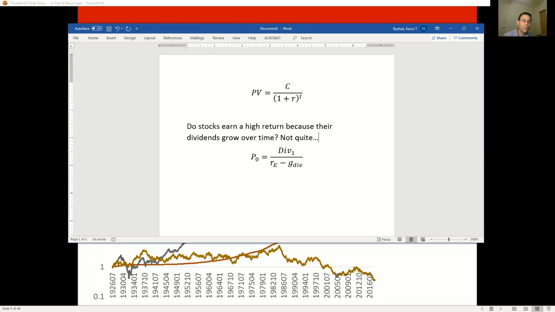Okay, so that's not quite going to do it. It's not just that the cash flows are going to grow. We've touched on a few possible answers. We have some guesses for why the stock market earns a high return.